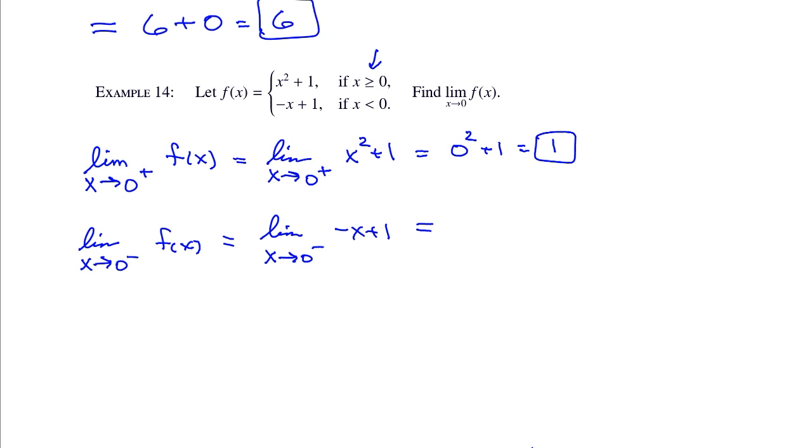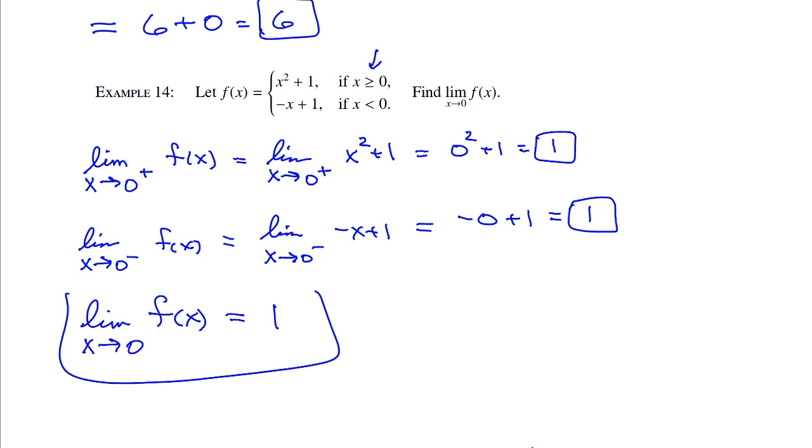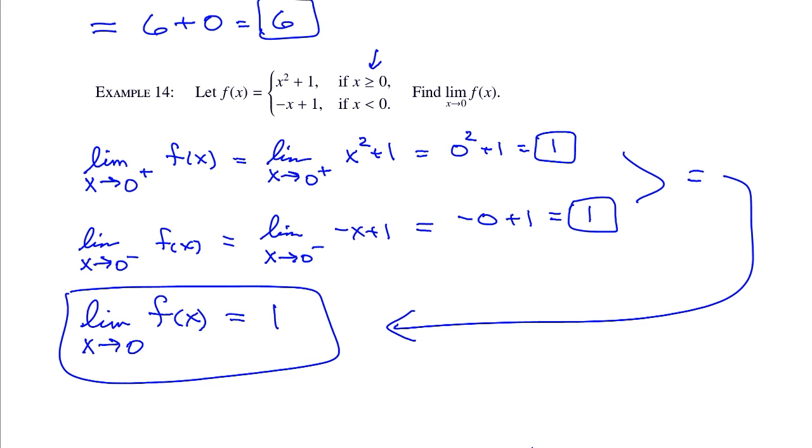There are no denominators, no problems. Plug it in, and we get a 1. What is your conclusion, thus, about the limit as x goes to 0 of f of x? It's 1. Yeah, these two are the same, which gives me a 1.